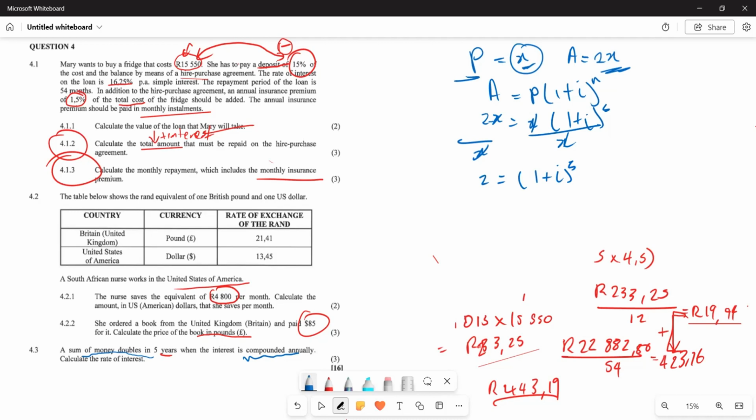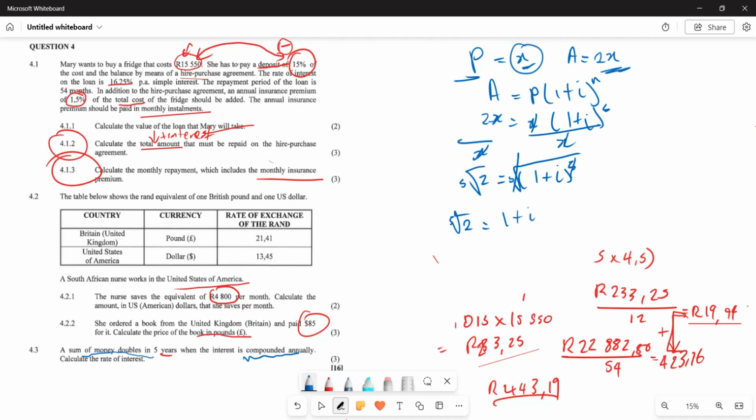Now, to get rid of this 5, you look for the fifth root, so that the fifth root cancels the power of 5. Now you have the fifth root of 2, which is 1 plus your interest.